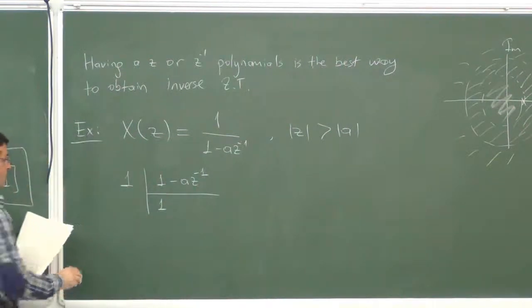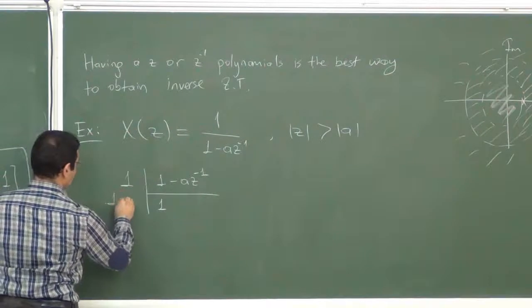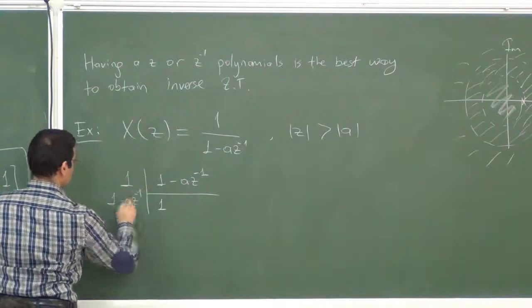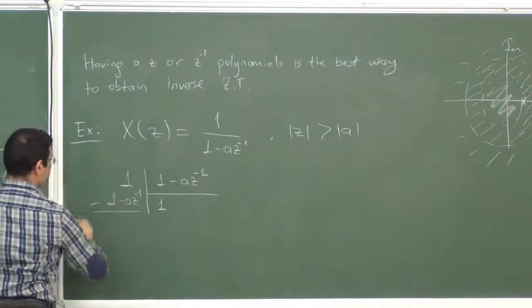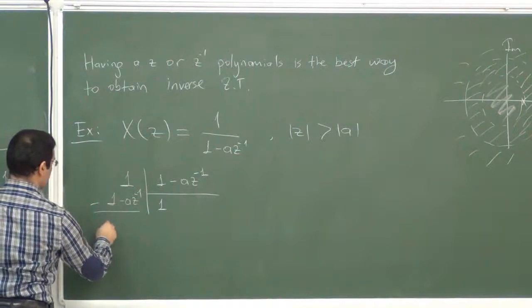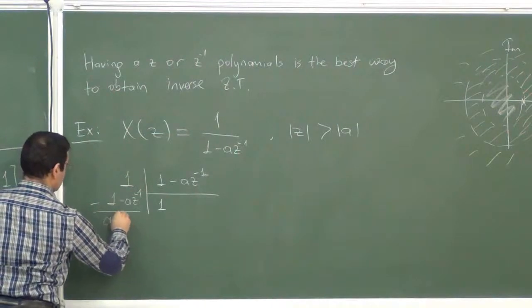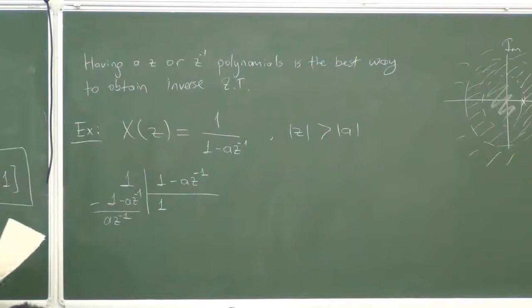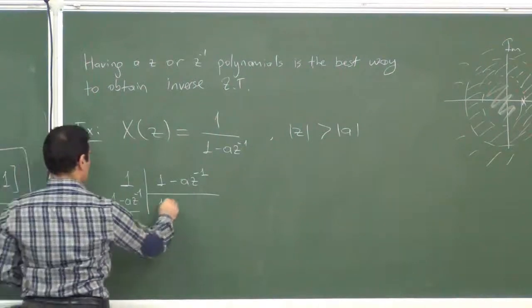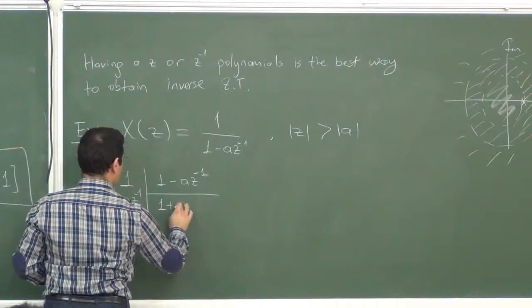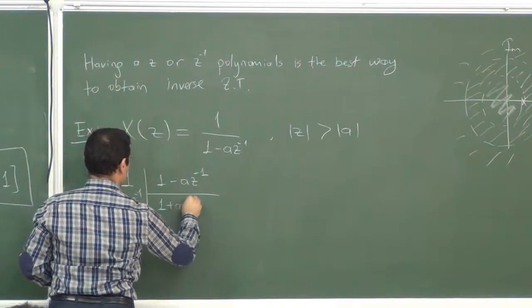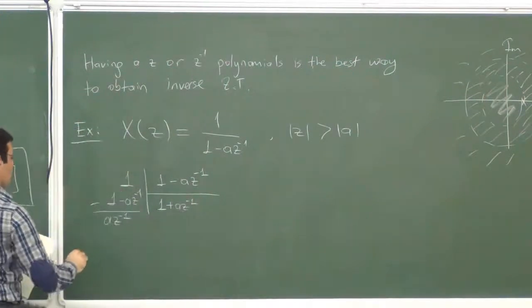Multiply with 1. It is 1 times 1 minus a z to the minus 1. Subtraction, the 1s will cancel, so a z to the minus 1. Okay, let's multiply, a times z to the minus 1.